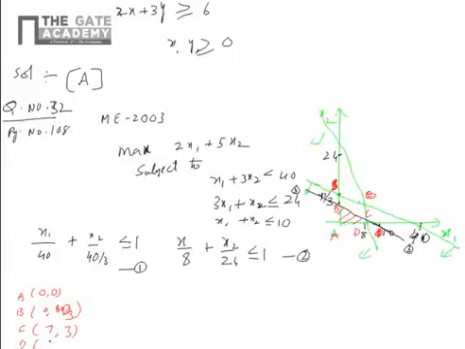D is 8, 0. So ZA equal to 0, ZB equal to 50, ZC equal to 29, ZD equal to 16. So the optimal solution is B, right? So that is how to solve it. Simple method.